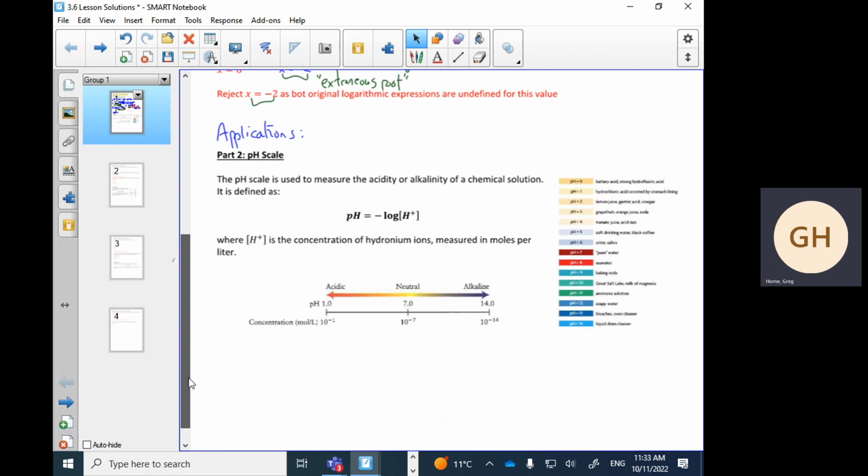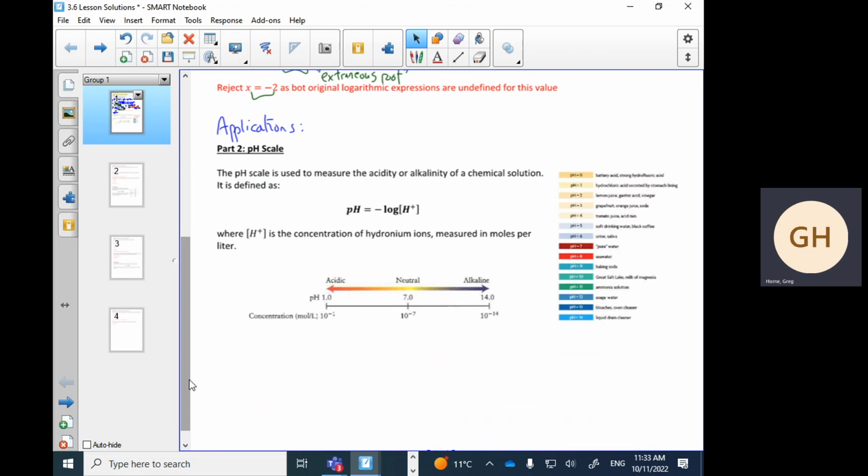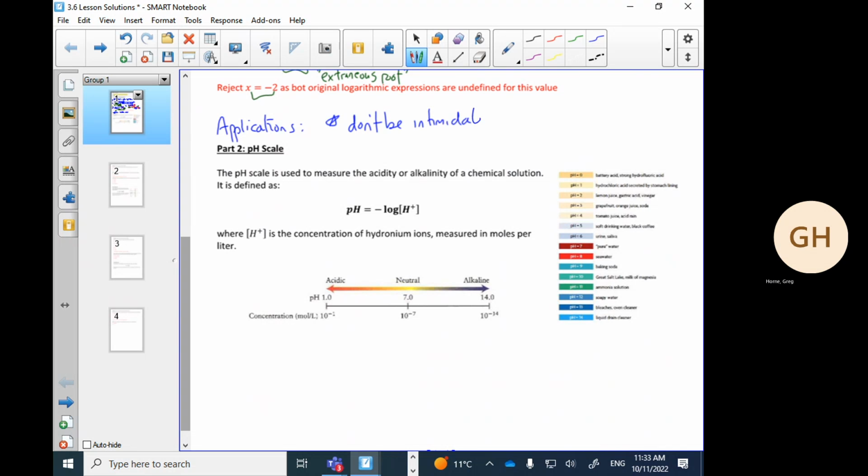So on to applications. My note for this one: I want to make sure you recognize, don't be afraid, don't be intimidated by the sentence of the equations.